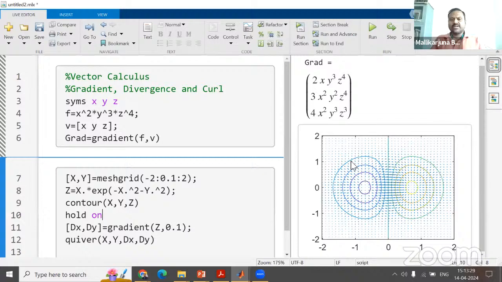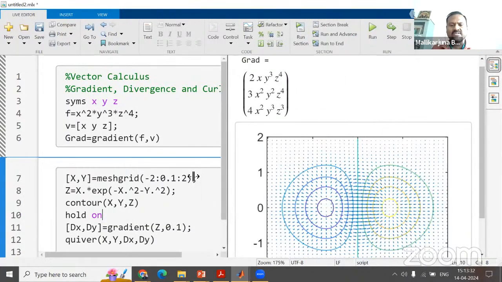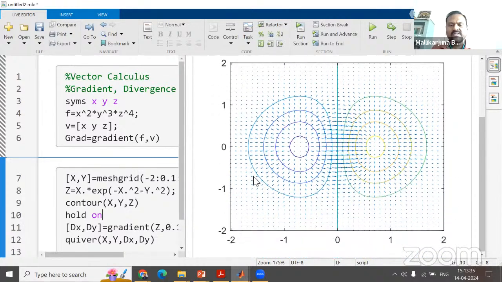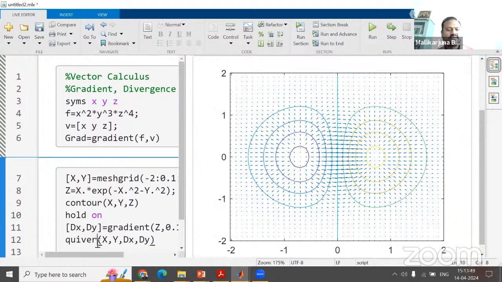Gradient is normal to the surface, right? So because gradient is normal to the surface, you can observe the solid lines are the curves for the scalar function. And you can see the vectorial representation. To get the vectorial representation, the syntax is quiver.